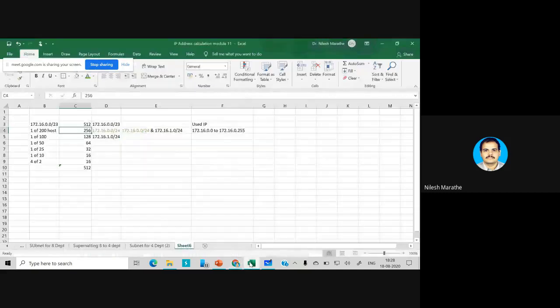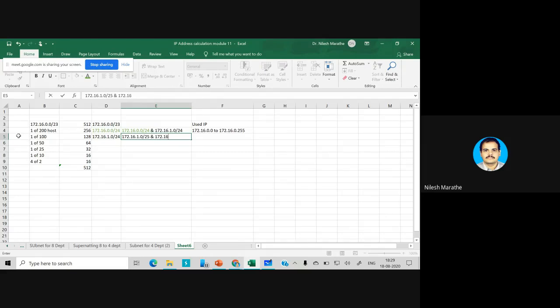Let's come to the Excel. I can write here that available will be 172.16.1.0/25. We will divide it as, and 172.16.1.x for the second. Is it clear?